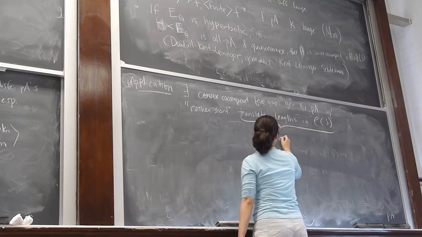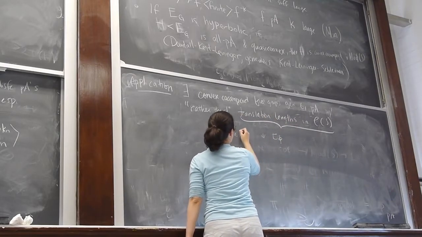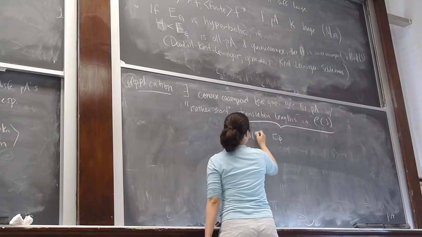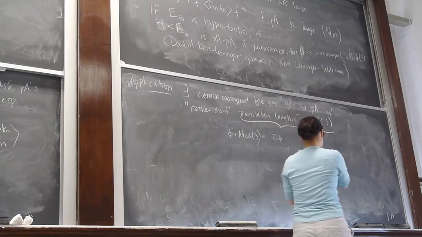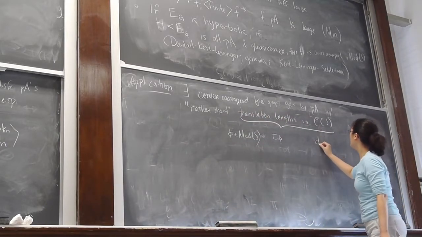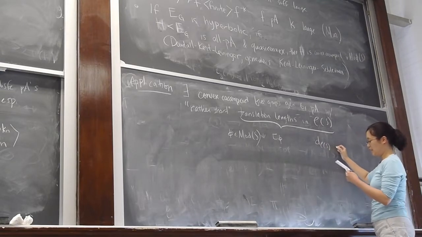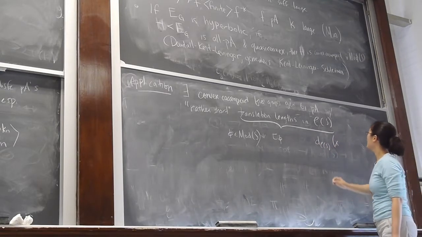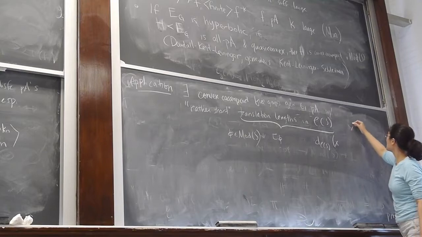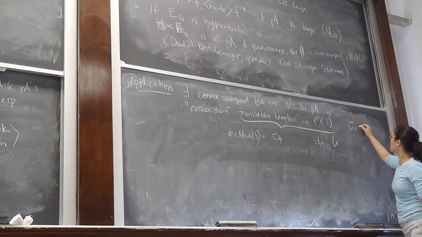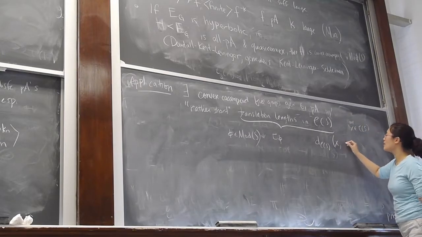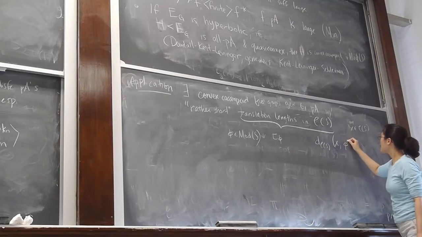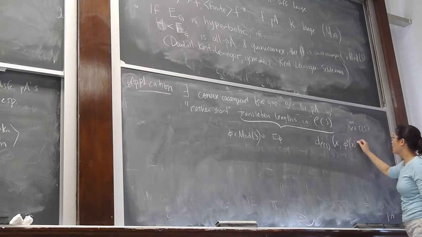Let me define that. So if I have p in the mapping class group, what I do is I look at how far it moves a point in, so any point will work, in the curve complex. And I actually take high powers and I see where that point goes.